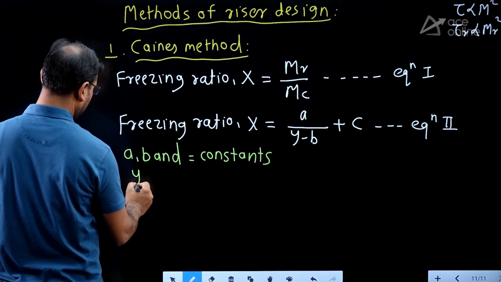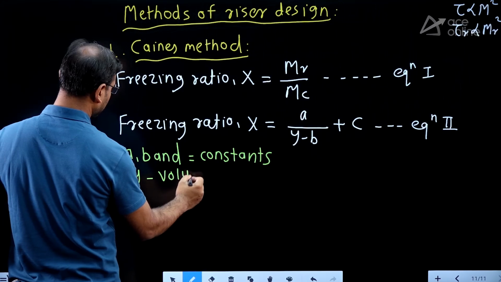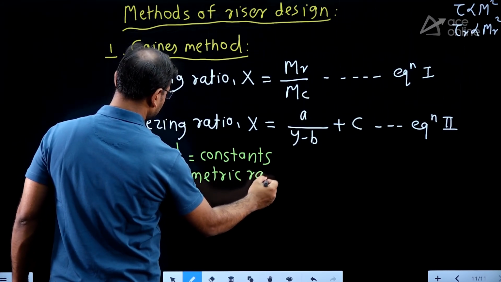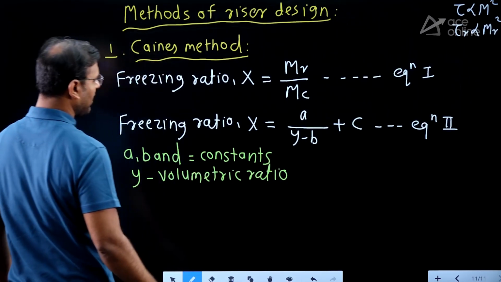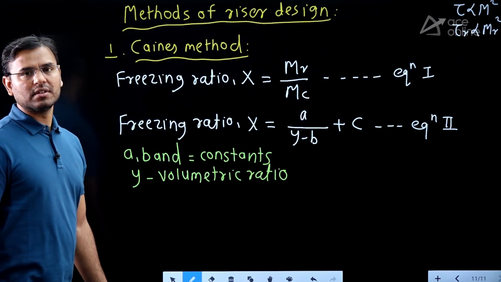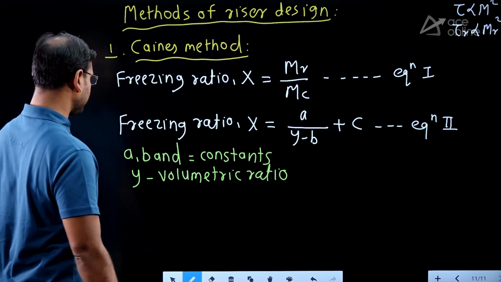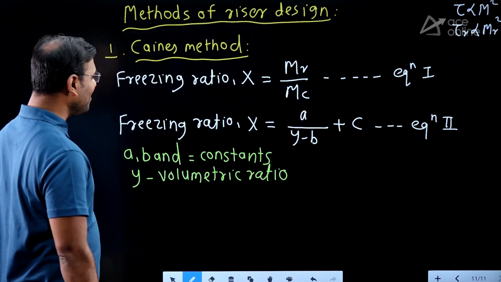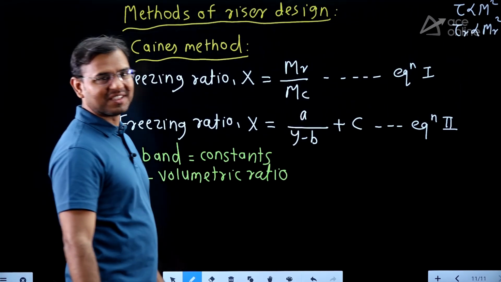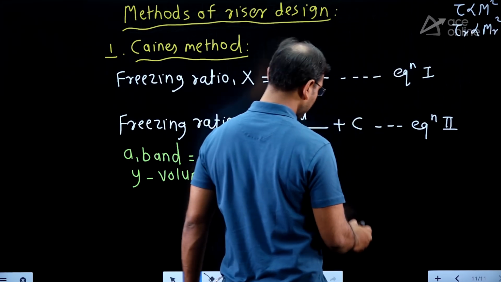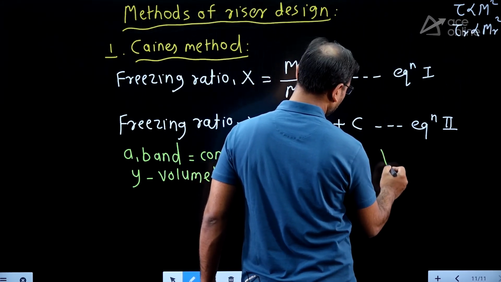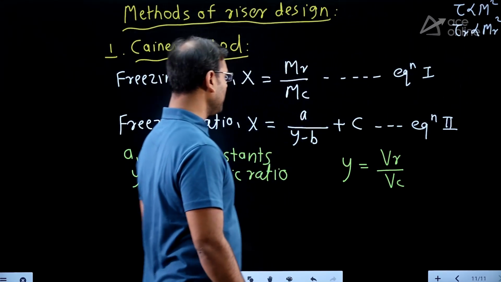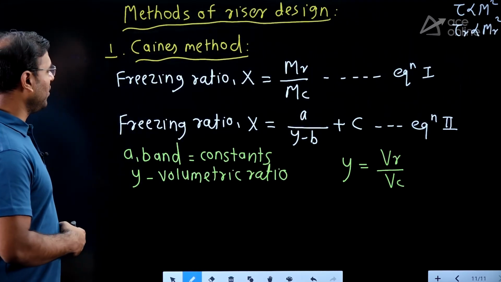Then what is y here, guys? y is the volumetric ratio, that means the ratio of volumes. y is equal to volume of riser divided by volume of casting. Volume of riser divided by volume of casting, it is the ratio of volumes.